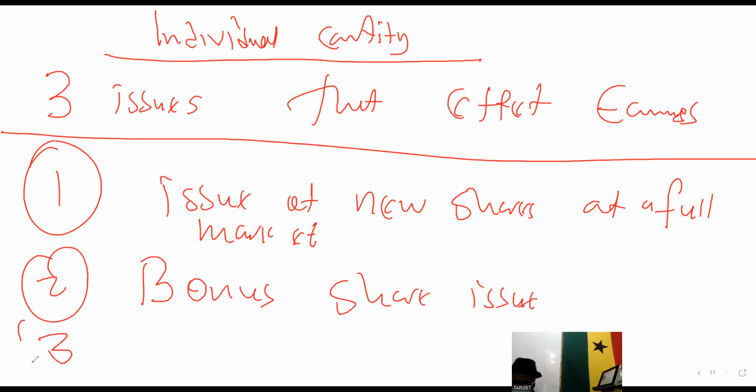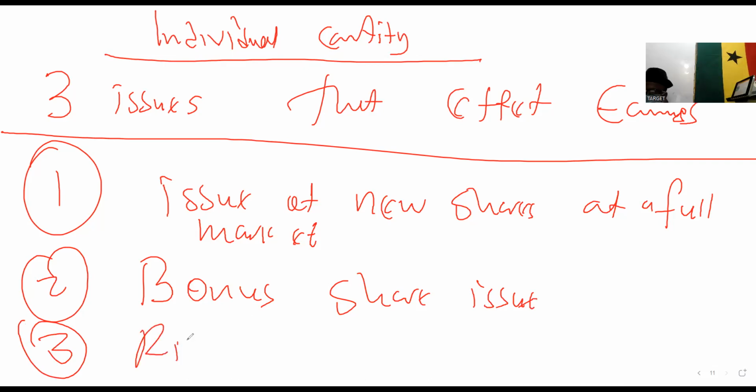And the last one is rights issue. So I'll take the next few minutes and describe how you should do the computation. That's all. So take notice of that.